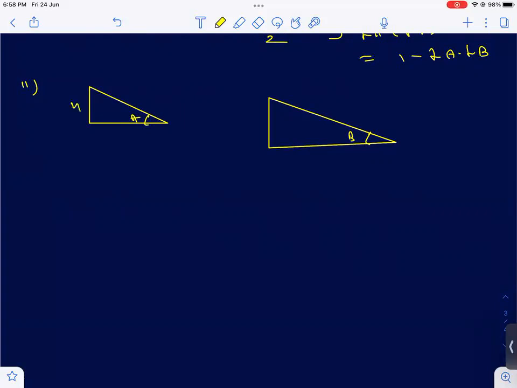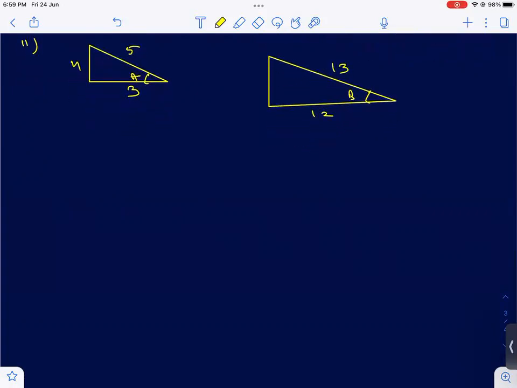Sin A is 4 by 5, and the other side is 3. Cos B is minus 12 by 13, the minus sign being due to the quadrant only.